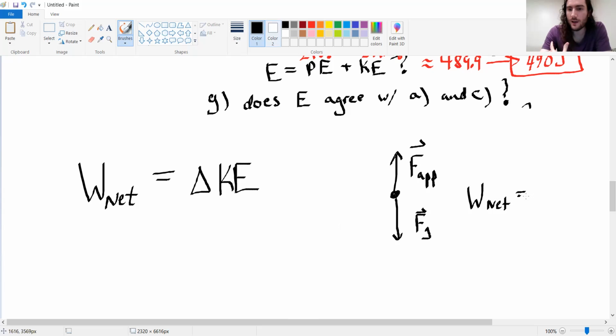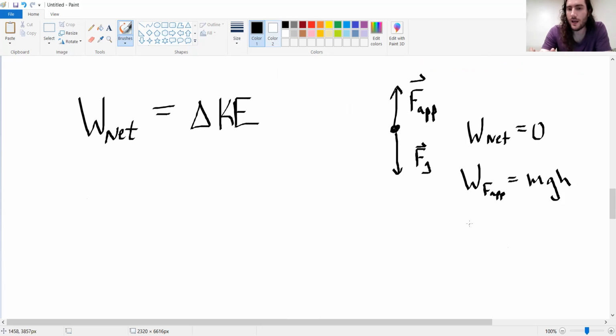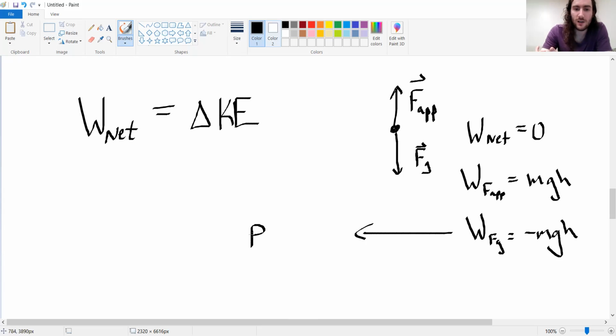The net work done is 0, but the work done by the force that we applied was mgh. And so the work done by the force of gravity must be minus mgh, right? And then we called this potential energy. But notice that the change in potential energy there is negative.